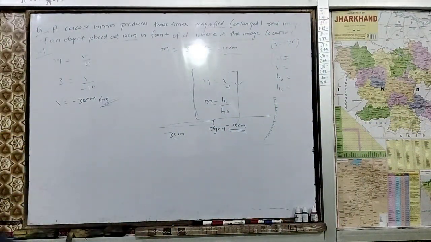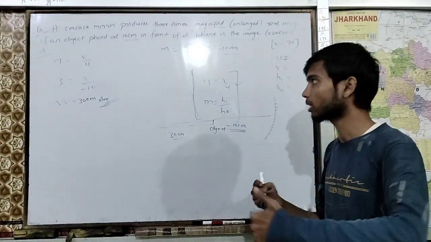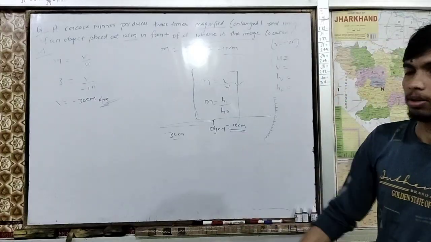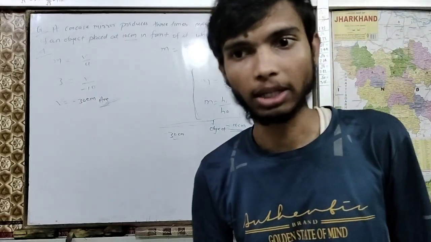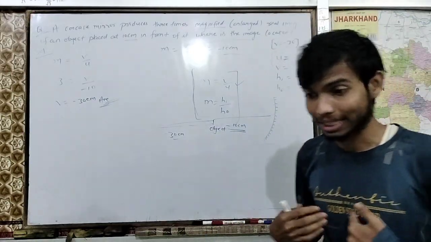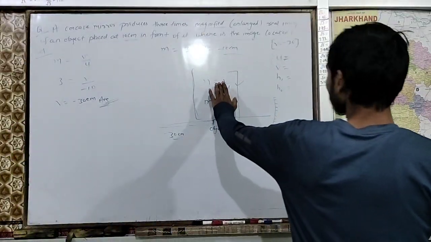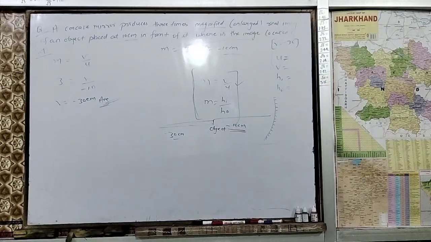The image distance from the concave mirror will be 30 centimeter, and it is on the left side. The minus sign is indicating that the image is in front of the mirror, not inside the mirror. Clear? I hope you have understood.